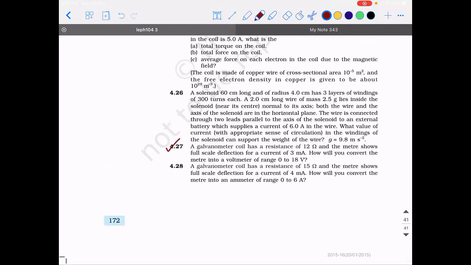A galvanometer coil has a resistance of 12 ohm and the meter shows a full scale deflection of 3 milliampere. How will you convert the meter into a voltmeter of range 0 to 18 volt? It's a good problem.